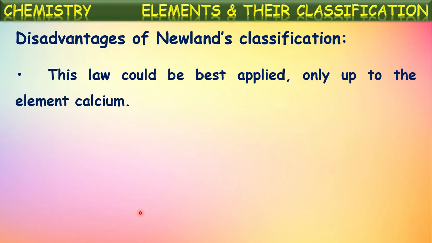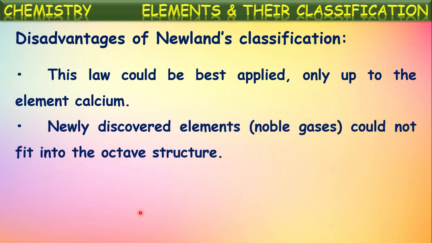For higher elements, it could not be applied clearly or accurately. So it is limited to a few elements only. That is a major drawback. Another one is that newly discovered elements, especially noble gases, could not fit in the octave structure.